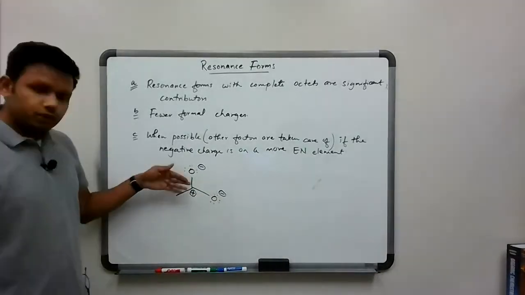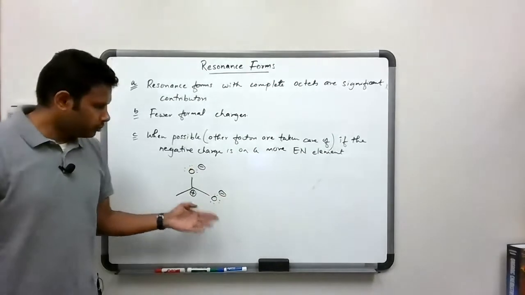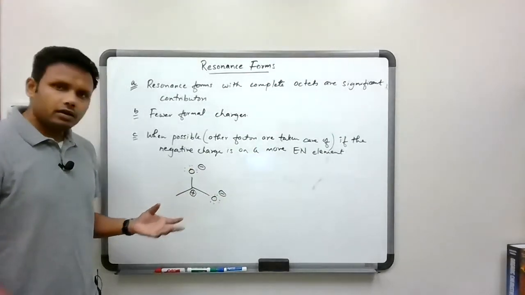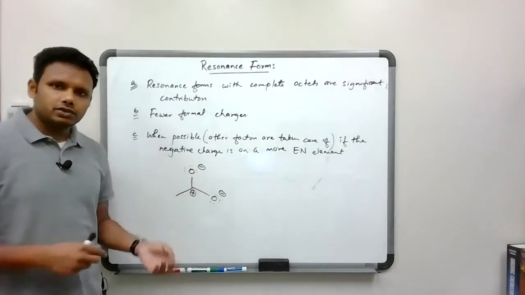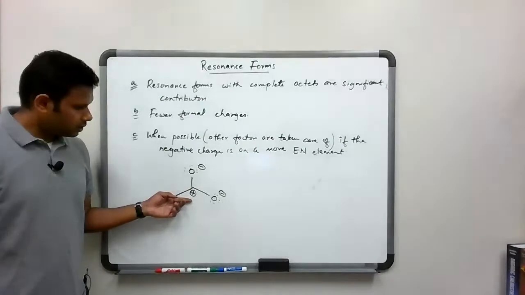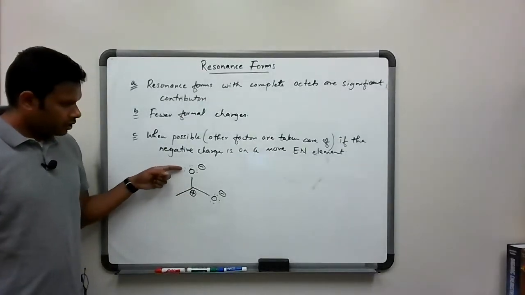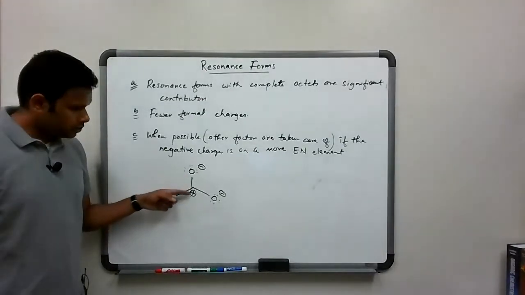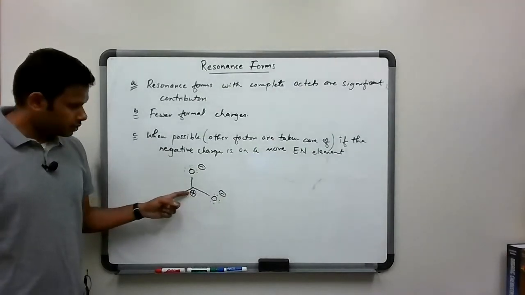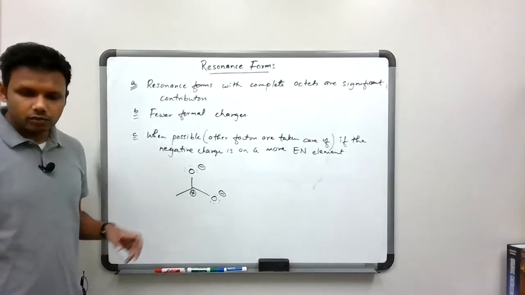To draw a resonance form of this given structure, we have to go back to our criteria. This falls into the criteria where we have a lone pair next to a carbon with a positive charge. Either one is fine.